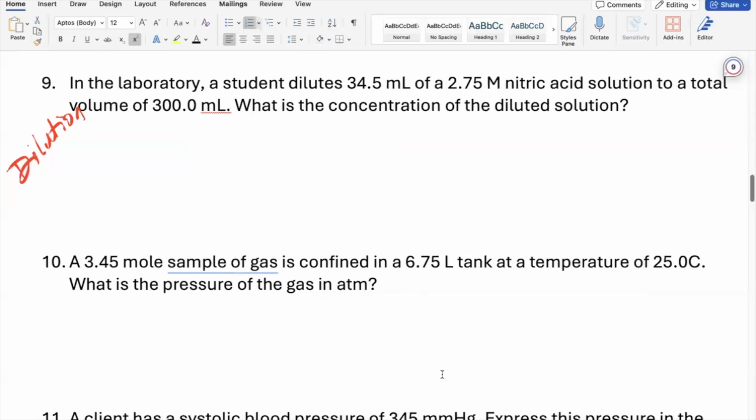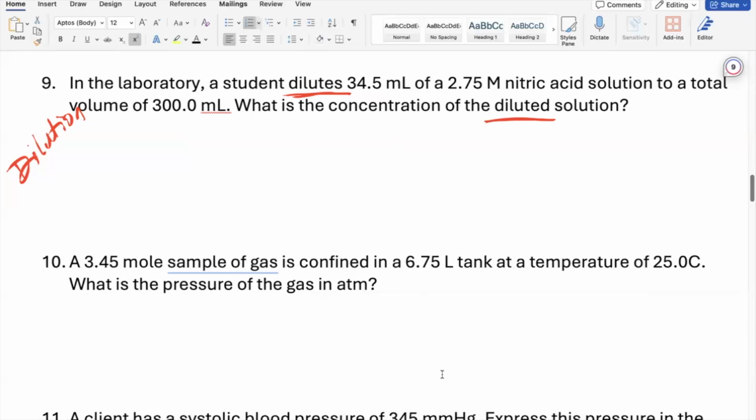One is it uses the word dilute in it, so when you see something that says dilute, you know you're looking for the dilution equation. Second, I have 3 numbers, 2 of which have the same unit, implying that I'm looking for a 4th number, which is what the dilution equation solves for.